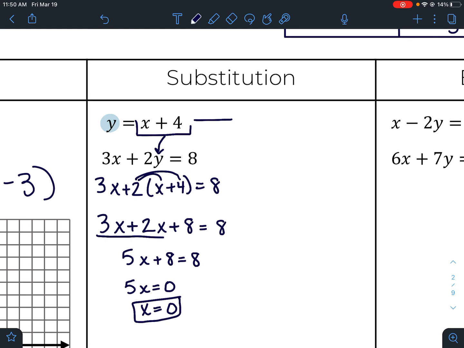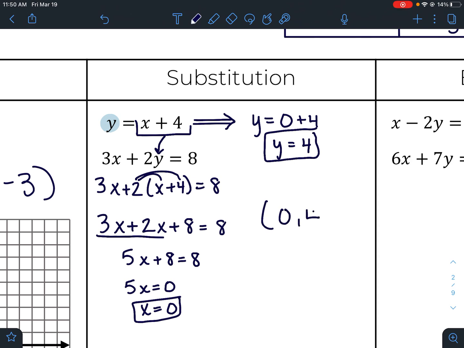Clearly the easier one to plug it into is going to be this one. So I'm going to get y equals 0 plus 4, which means y equals 4. My final solution is going to be x, comma, y.